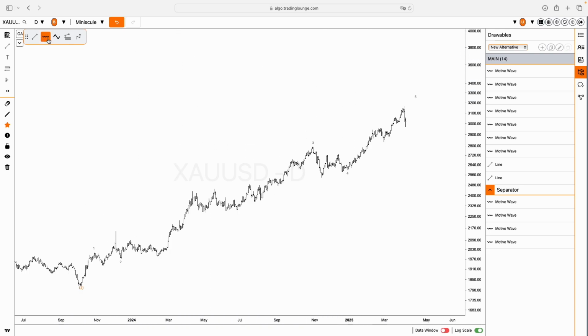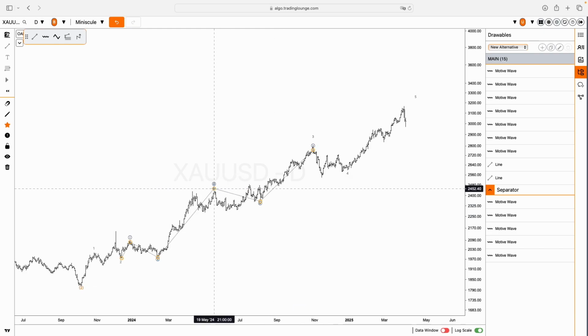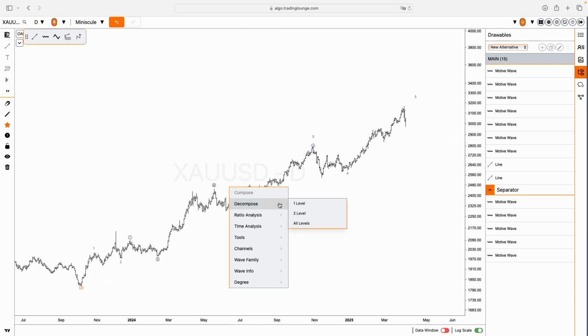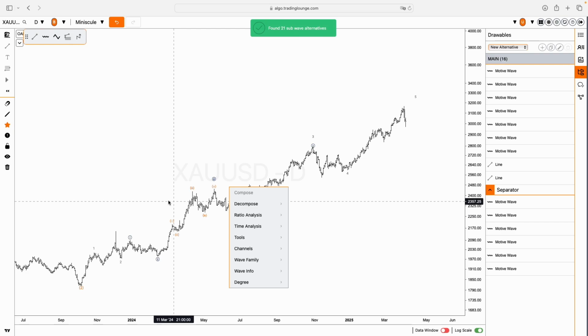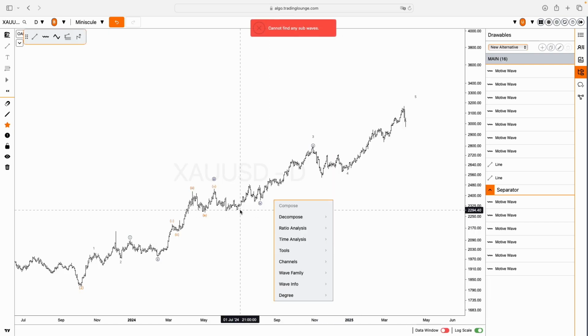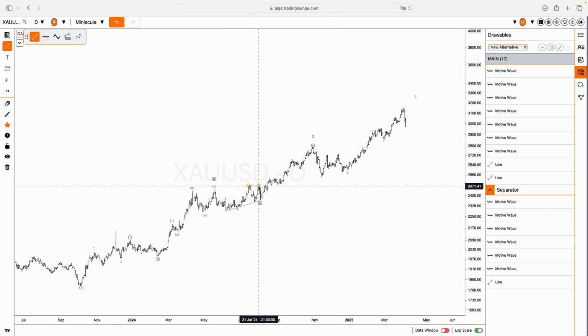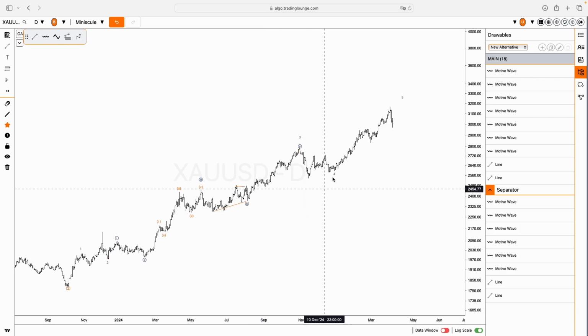Perhaps this. 1, 2, 3, 4 somewhere. 5 is minute. Are we able to decompose? Yes, perfect. That's how I would have labeled it. Are we able to decompose wave 4? Nope. Probably a triangle. I'm a big fan of triangles as well. Triangles and wave 2s and 1-2s, 1-2s are my daily lunch.